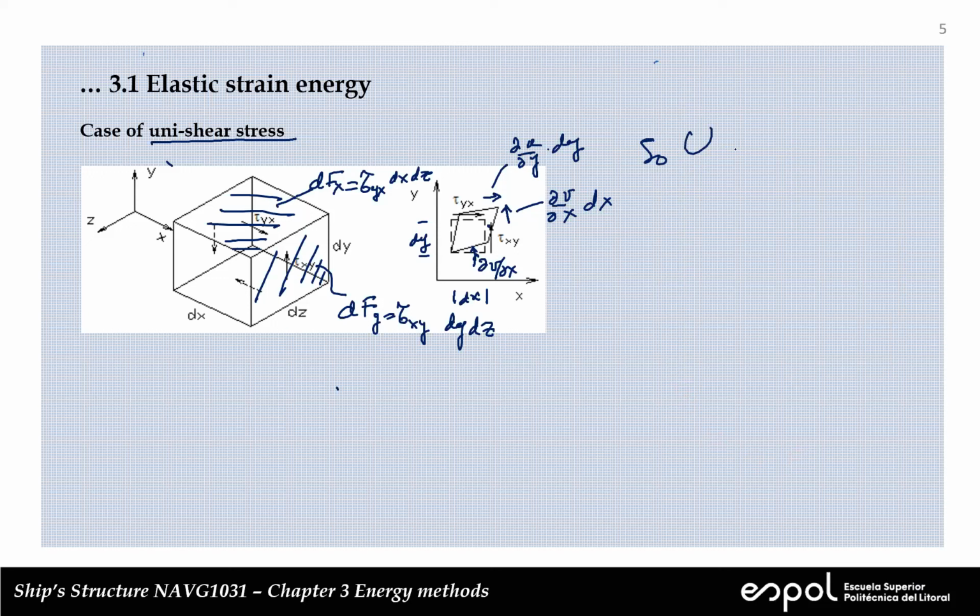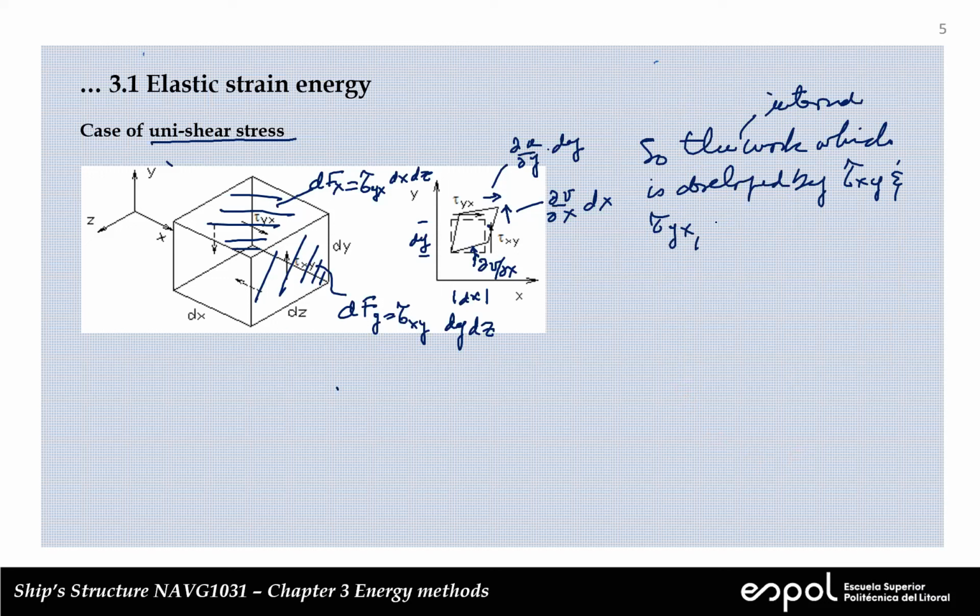So the internal work developed by tau xy and tau yx, and which is stored internally as strain energy, is dU.